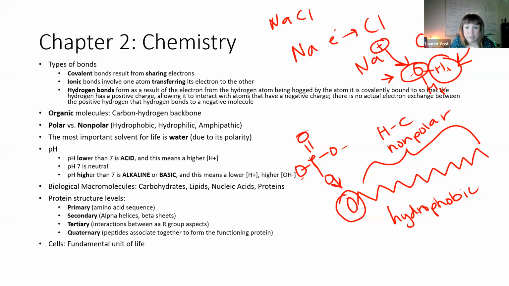So they're pretty negative. So this guy has a charge. So if we're just talking about the head of this here, this is polar. And just the head, this would be hydrophilic, like Philadelphia, city of brotherly love, where I went to school.